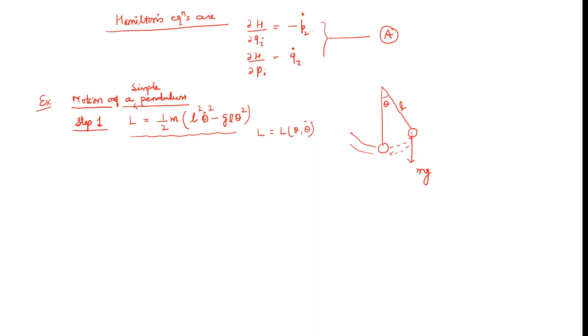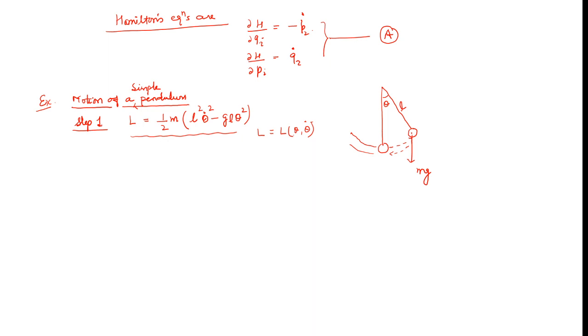So find p theta. Why are we trying to find p theta? That means momentum with respect to this theta, because I have to frame H. H means Hamiltonian. And in Hamiltonian, there is no role of velocity. We will need momentum to be present in H. So whatever coordinate is present in L, we should find its momentum.